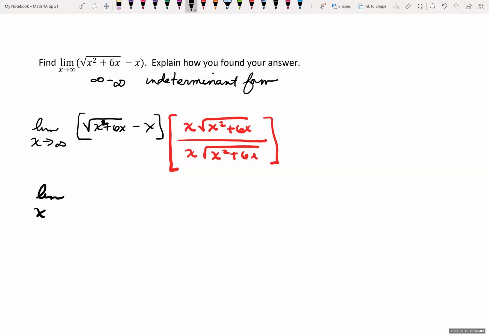Well, if we multiply that, sorry, I did it the other way. This has to be 1 over, so that things cancel.